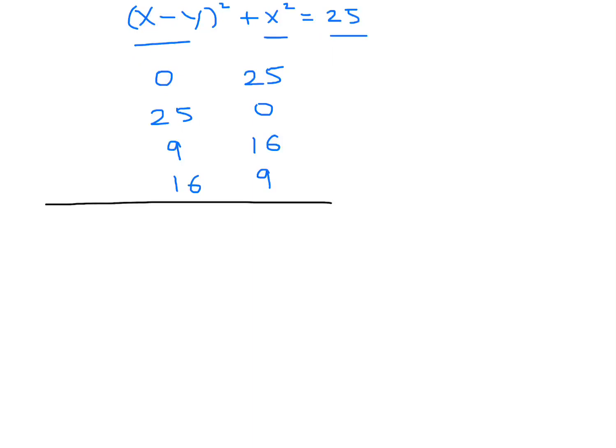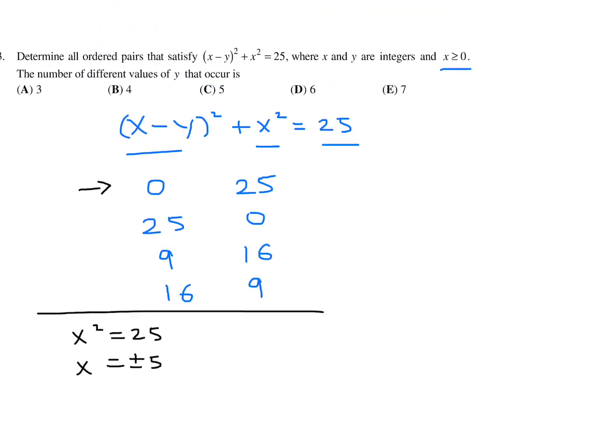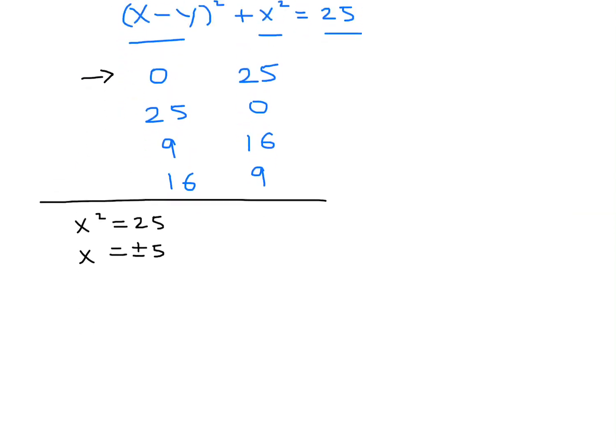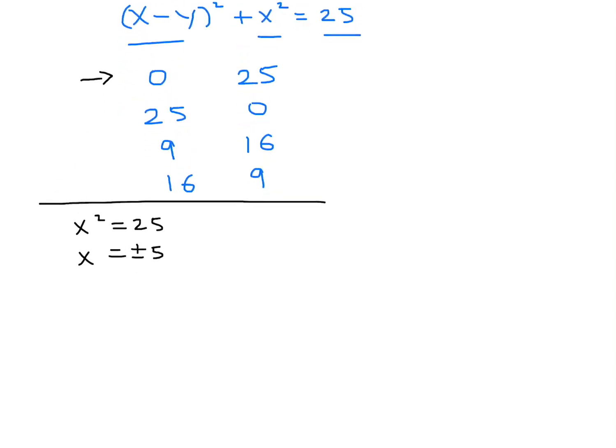So the first one is when x squared is equal to 25, this one right here. So x is equal to plus or minus 5, but remember, in this question they're saying x is greater than or equal to 0, so it cannot be a negative number, so x is 5.